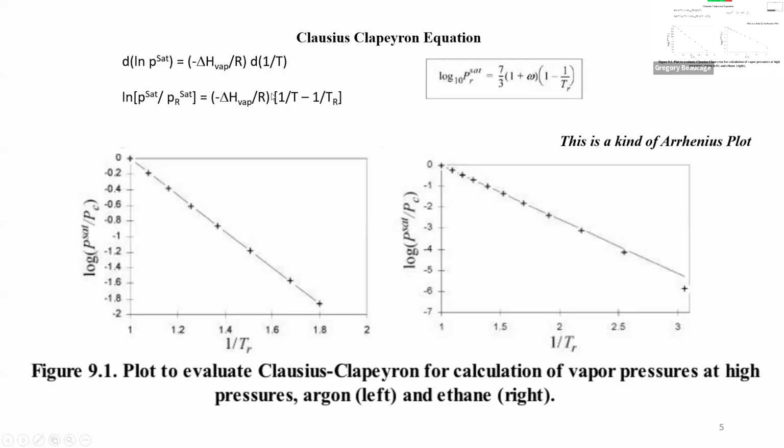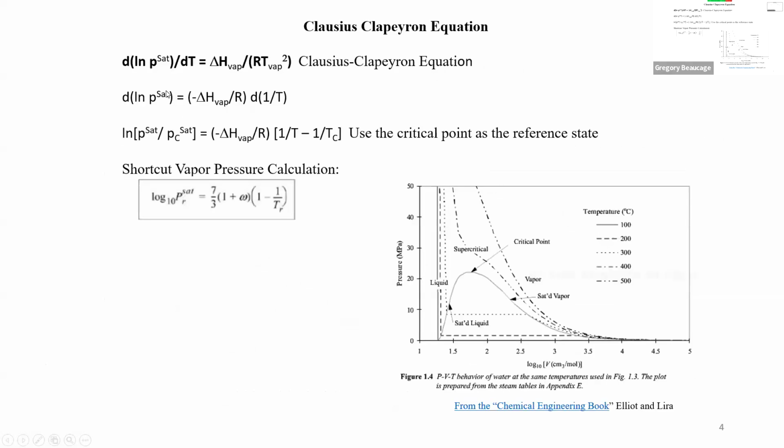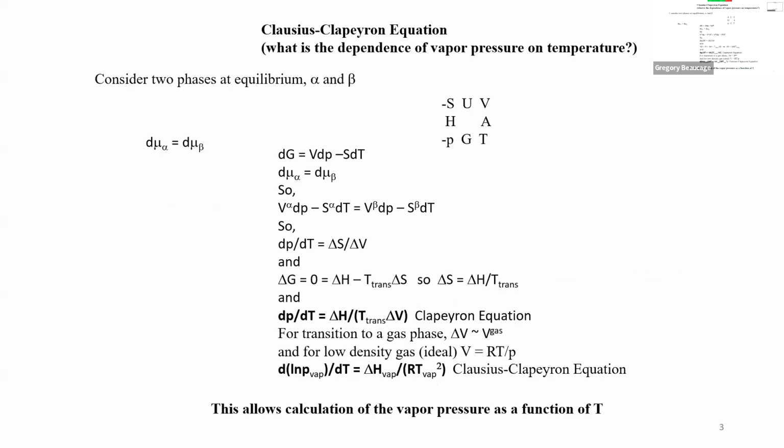Right. So there are 3 other places where you see plots of log of something versus 1 over T. So it's kind of important to figure out what's going on here. In the case of Clausius-Clapeyron, this is an equation that came out of convenience.